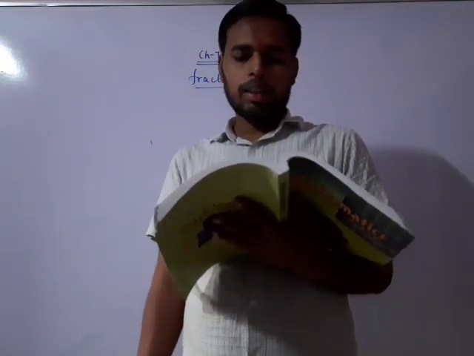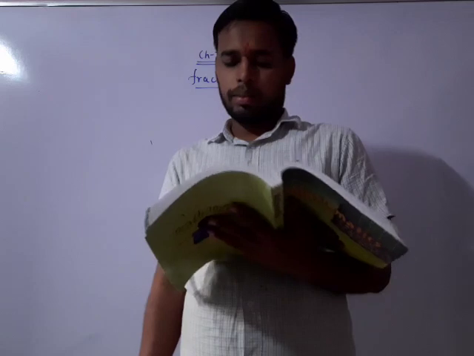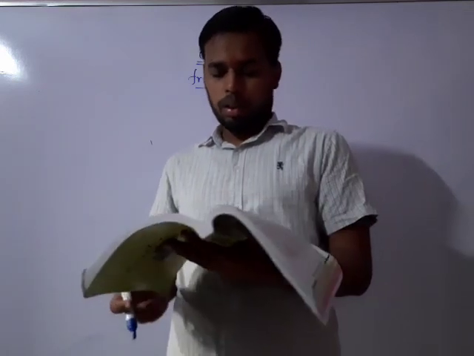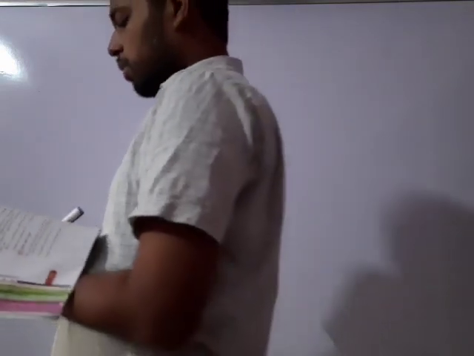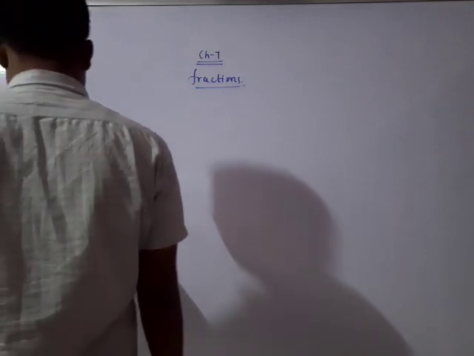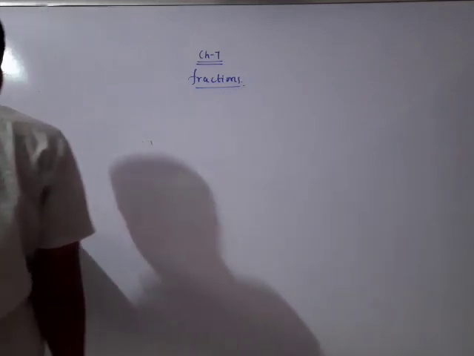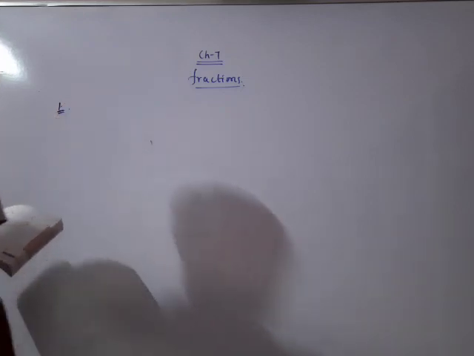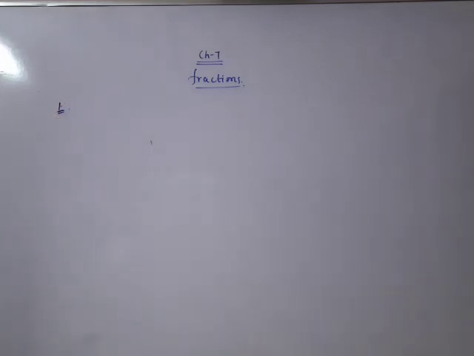What fraction is representing the shaded portion? We have been given some questions. Question number 1: we have to write the fraction representing the shaded portion. So I am doing some questions. There are a total of 10 questions. You do the remaining questions.